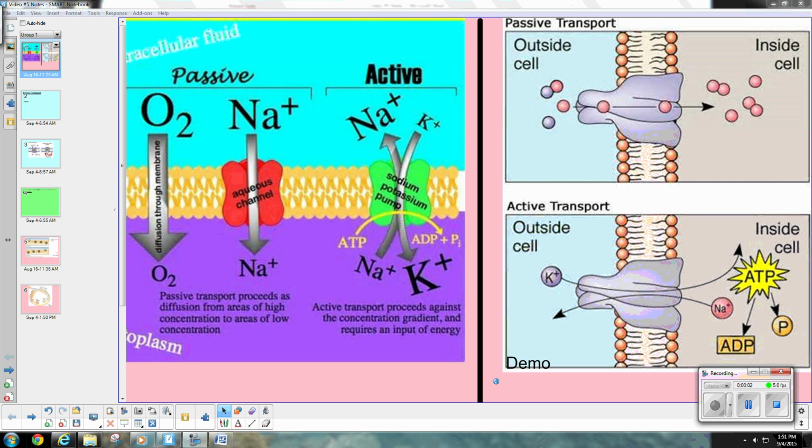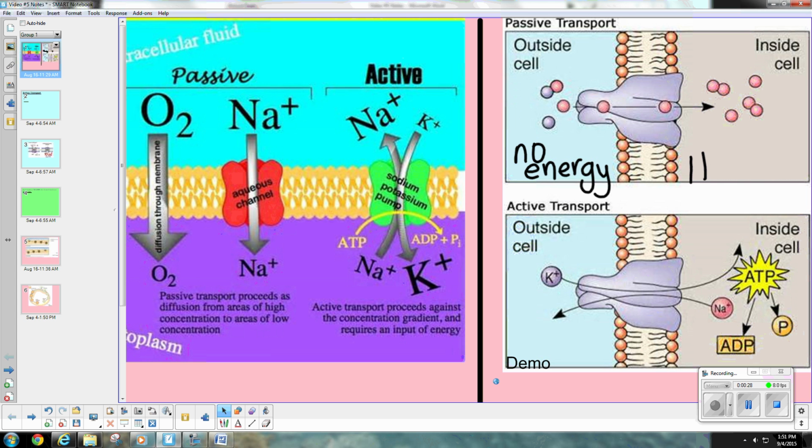In this video, our last video of this unit, we're going to be working with the second cell process to move substances across the cell membrane, and this video is all about active transport. If you remember, passive transport used no energy, and it moved substances from high amounts to low amounts.